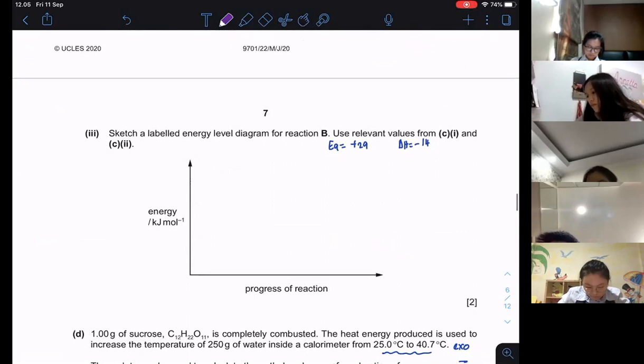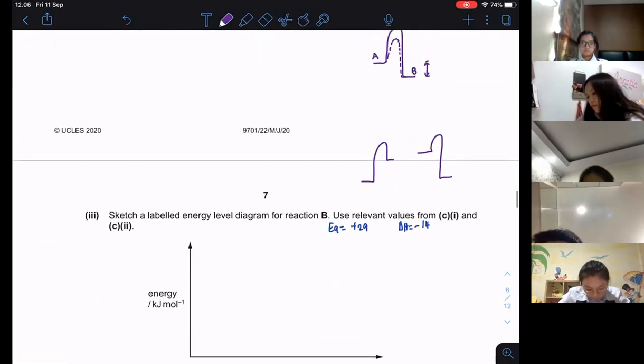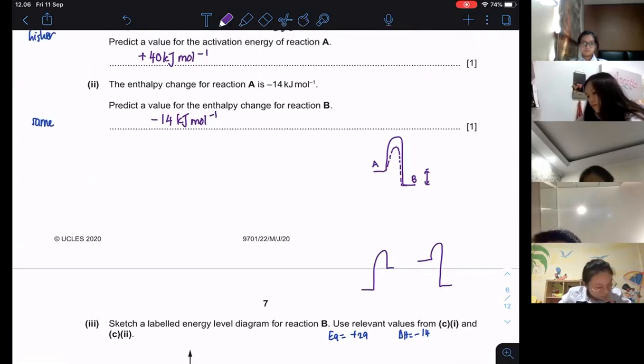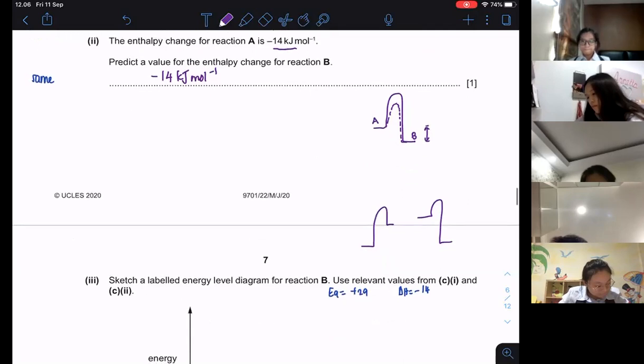So here, sketch a labelled energy level diagram. I do not know how to sketch, because one is going to be like this, another one like this. Which one should I choose, exothermic or endothermic? Refer to the information given earlier. They say it's negative 14. Negative 14 is definitely going to be exothermic. So you try to draw this.